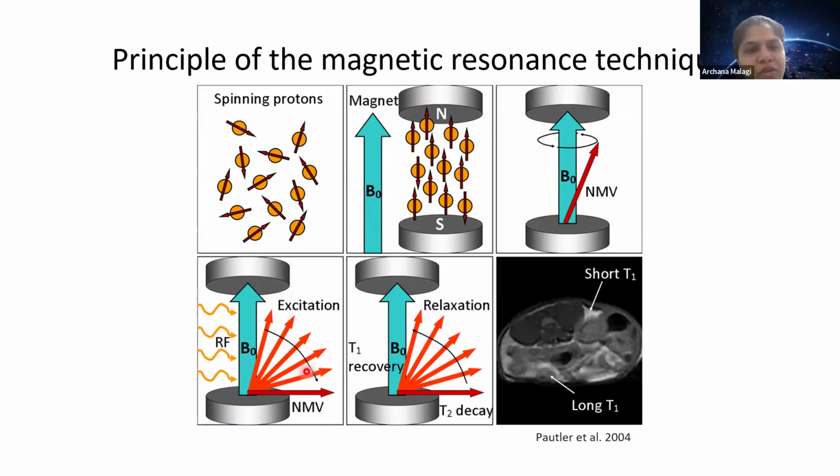They absorb the energy of the radio frequency and change their direction. We keep the radio frequency on for a certain period, and then we switch it off, and those spins come back to their position. While coming back, they release a signal. This signal is captured by the radio frequency coil, and you can get a variety of contrasts.